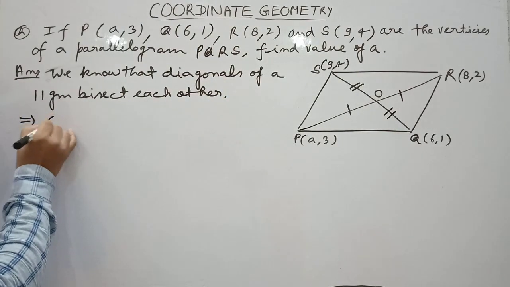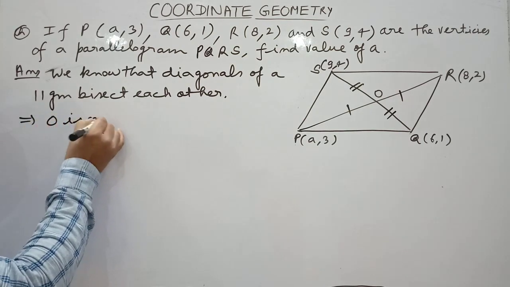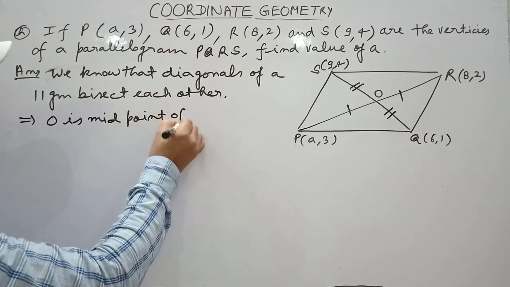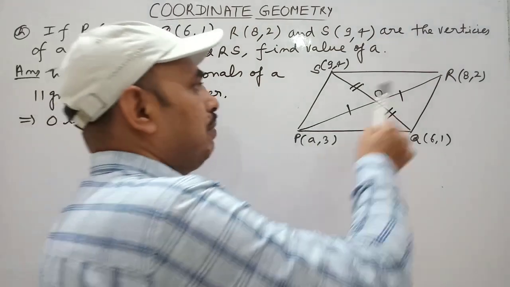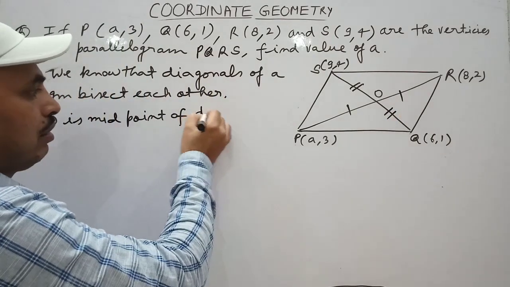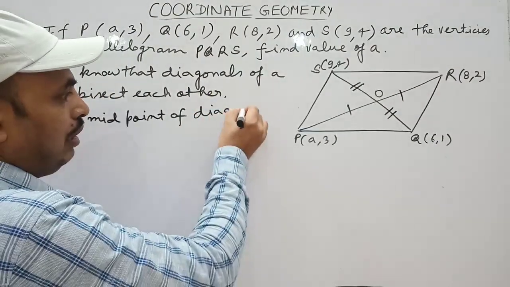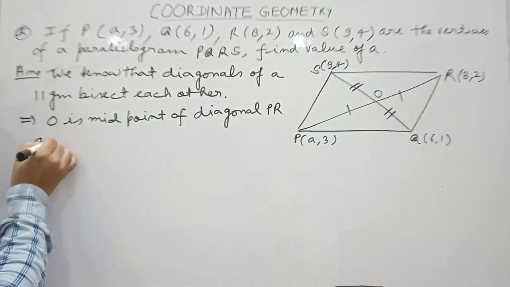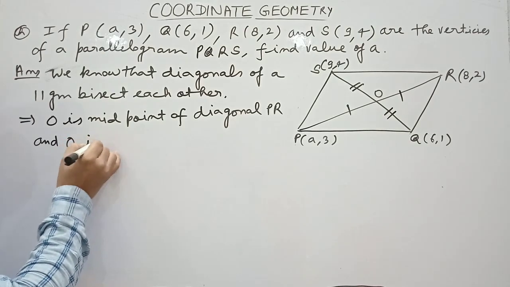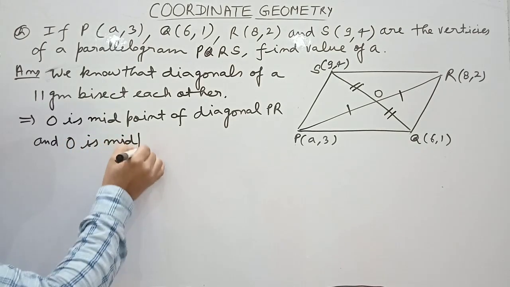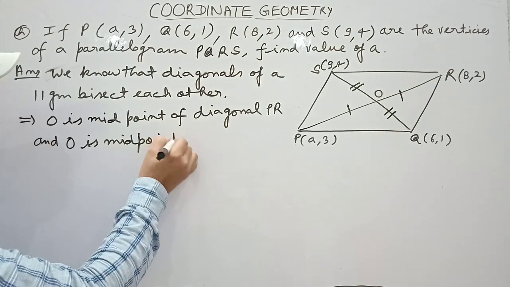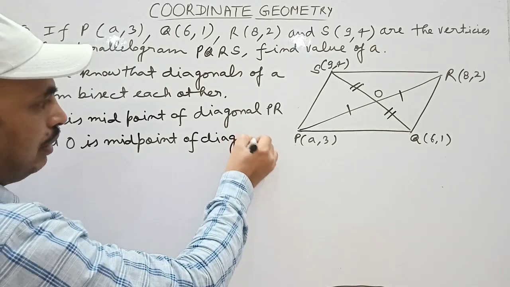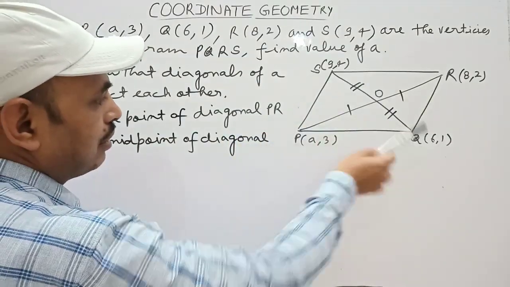This implies O is midpoint of diagonal PR, and O is midpoint of diagonal SQ.